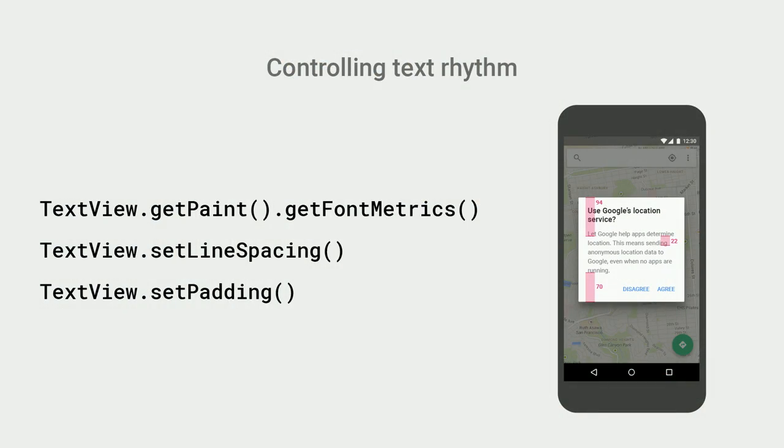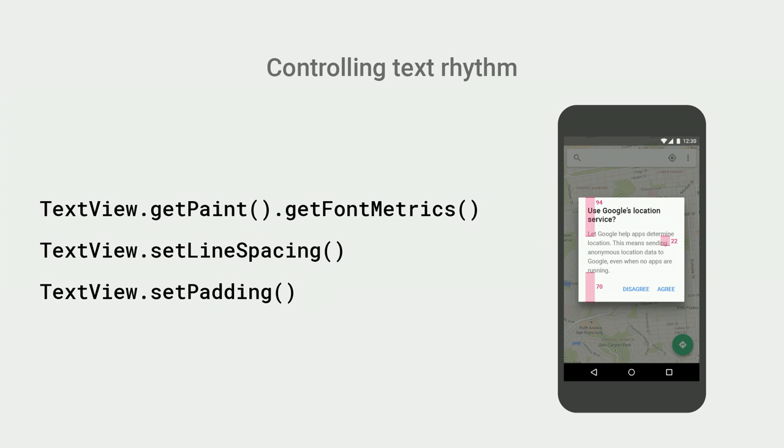So instead of using that attribute, which is heavily discouraged, get the FontMetrics object from your text view. Then you can query different fields on that FontMetrics to get where the ascender line and the descender line are, and a couple of other attributes, and then call the set line spacing API in your text view to increase or decrease the line spacing based on the particular requirement from your design.